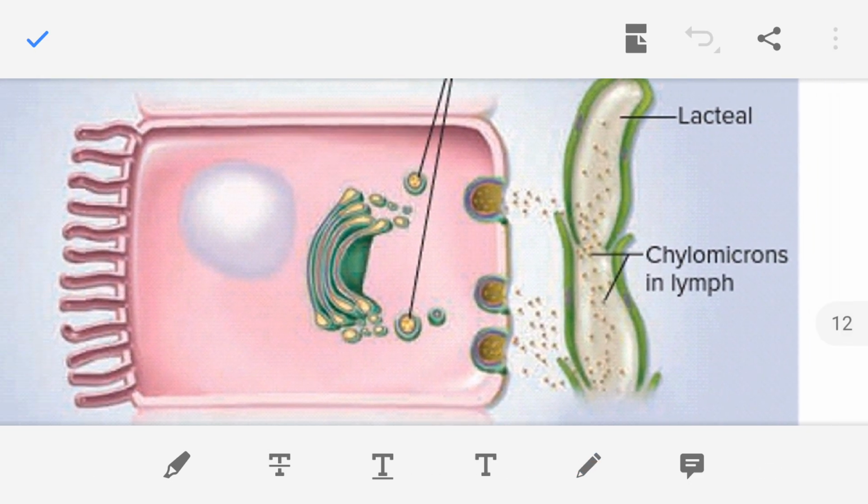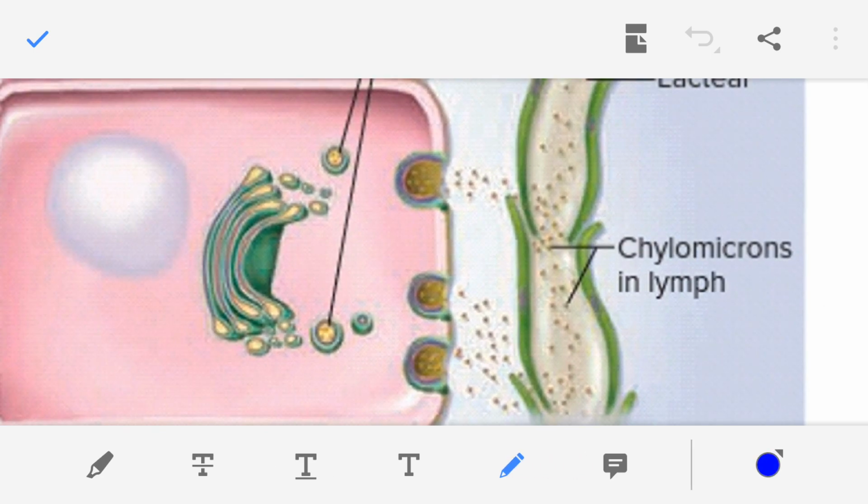The chylomicron present inside is released. Now where is this released chylomicron going? That is the question.